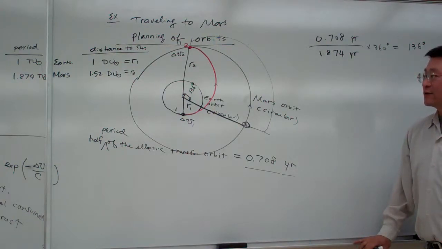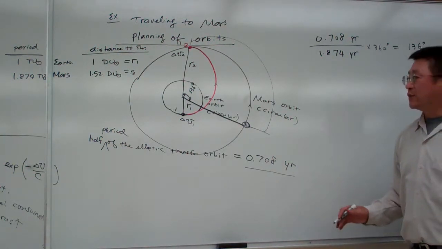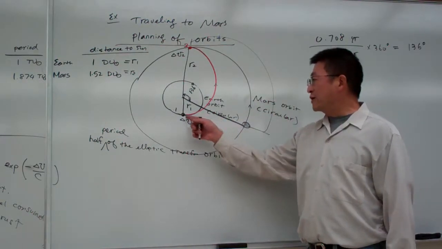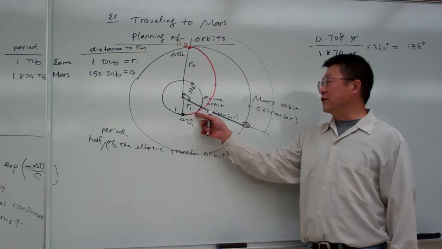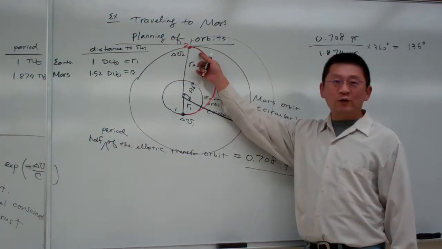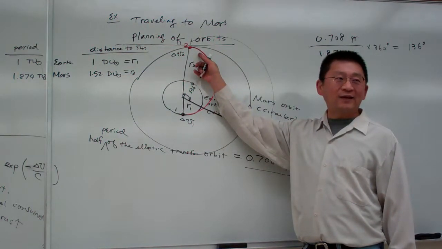I think this is a very interesting example, and it can inspire a lot of thinking. Of course, in mission planning, they won't directly shoot the vehicle from the surface of the Earth right away onto the transfer orbit. No, in reality, it's not in this way.